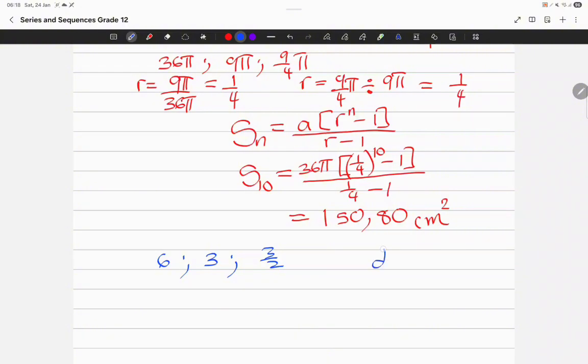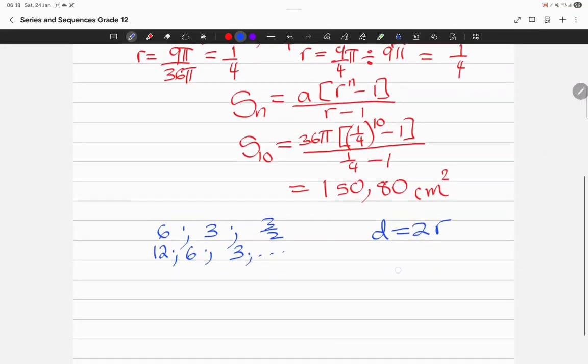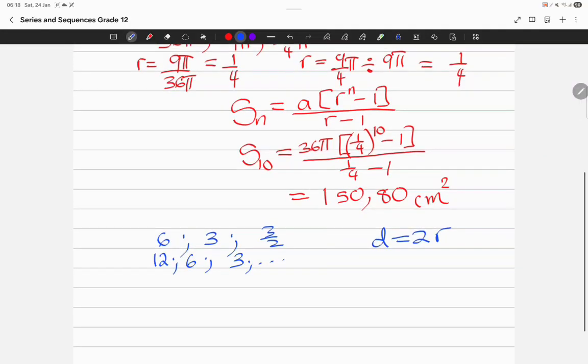And we know the diameter is double the radius, meaning our pattern of diameters has 12, 6, and 3. I'm multiplying each of those radii by 2. Okay. Now, this is obviously another pattern with the constant ratio of half.